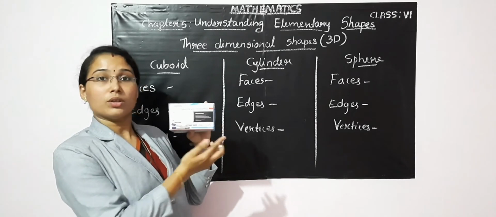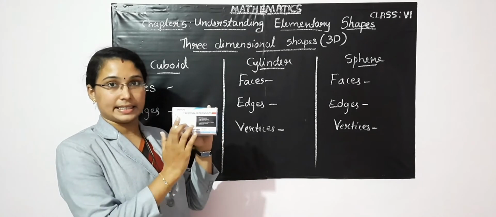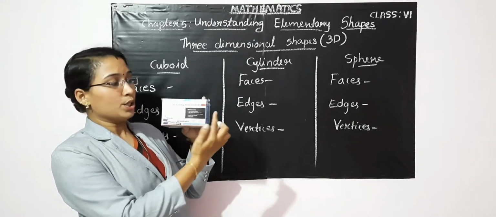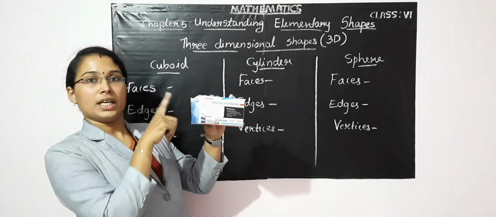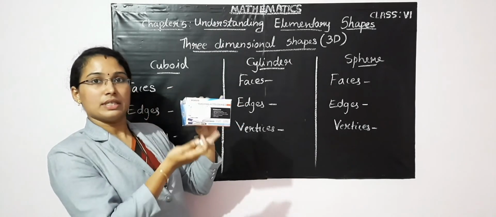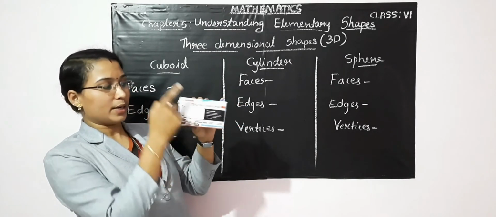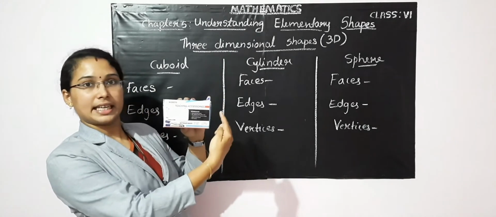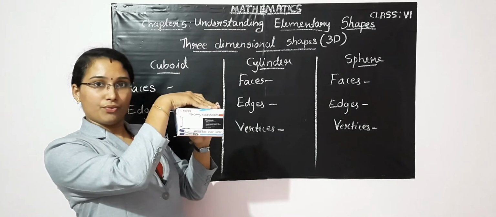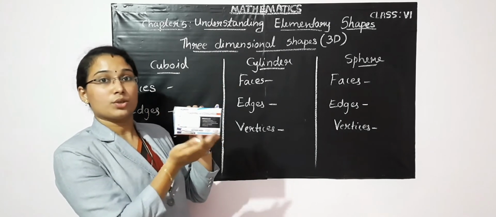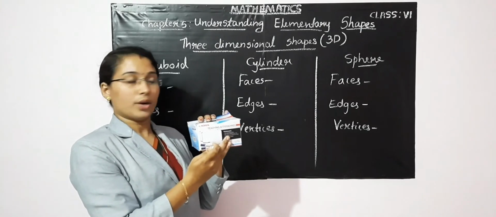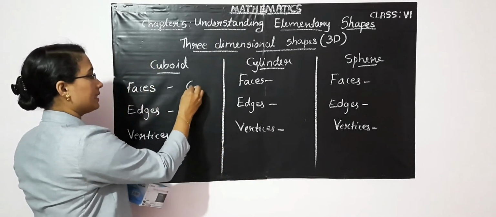So we can count how many faces there are in total. The first face is 1, then the opposite side 2, then 3, the opposite side 4, then up 5, down 6. So a total of 6 faces are there in this cuboid. So here we can write 6.